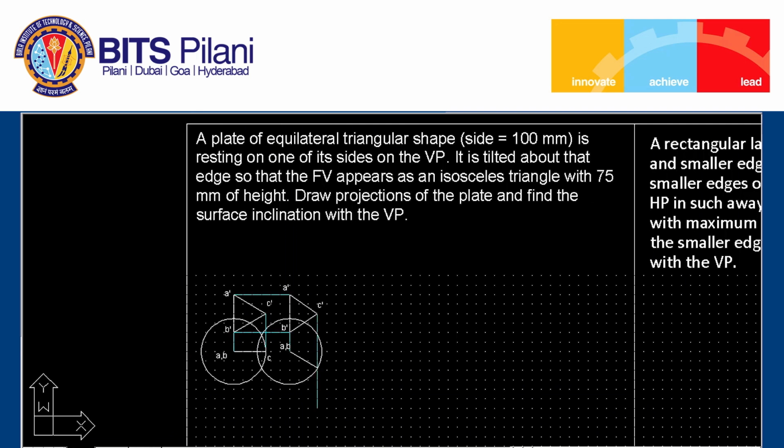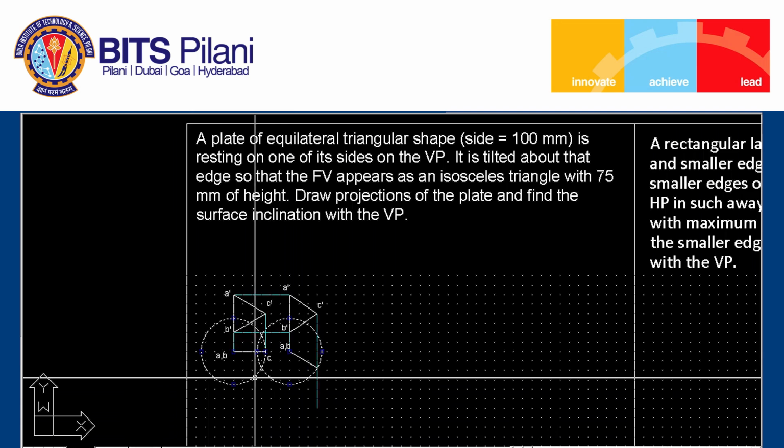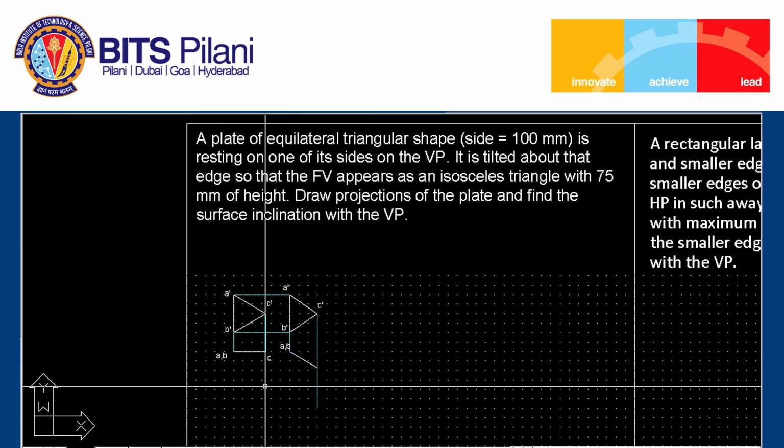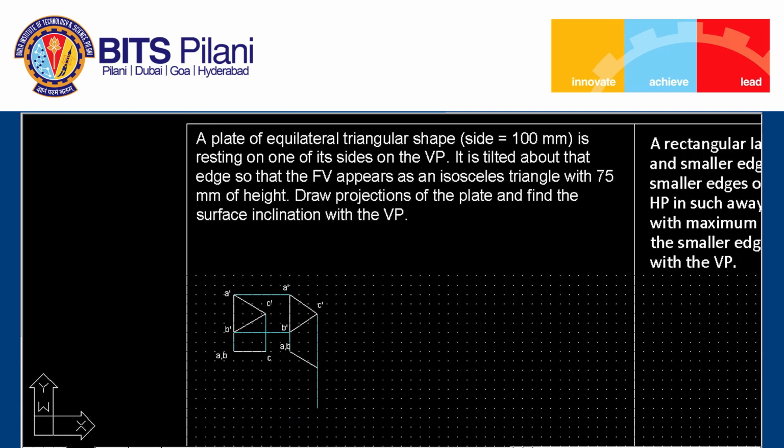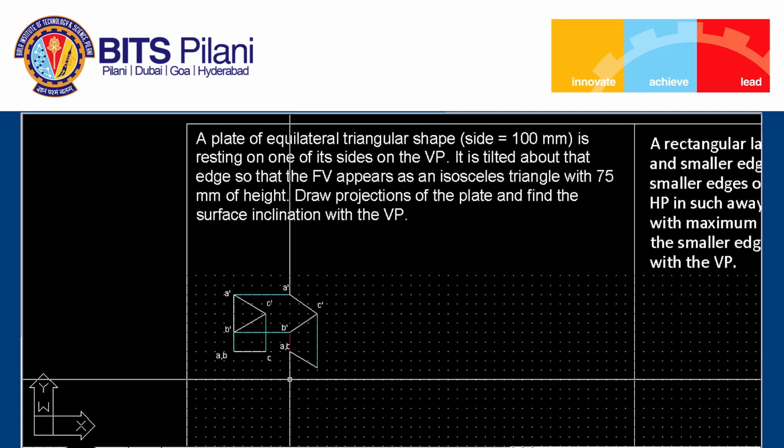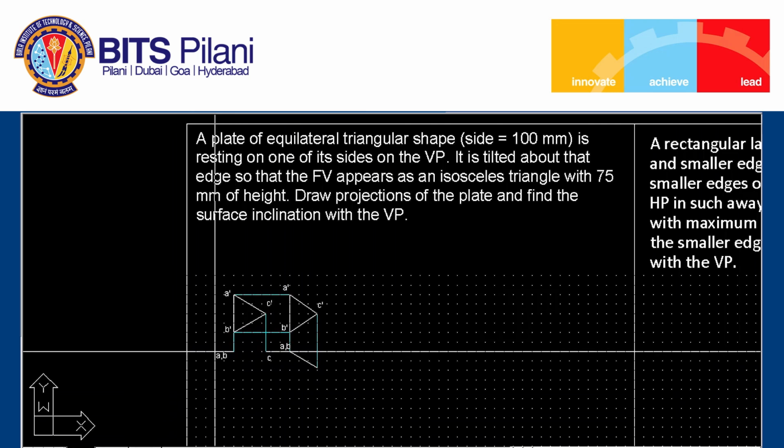So we will now do the finishing of the problem by removing the construction lines or trimming them to have nice projections, and we can draw the XY line. The XY line is the line passing through points AB, because AB is resting on the vertical plane. So their top view must be on the XY line.